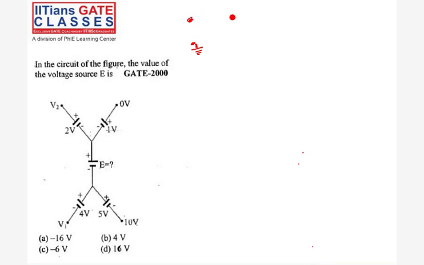Okay, so if I say this is 10 volts, this is again with respect to ground. If I say this is V1, this is again with respect to ground. Ground voltage is always 0. Again, if this is V2, plus V2 and minus will be at ground 0.